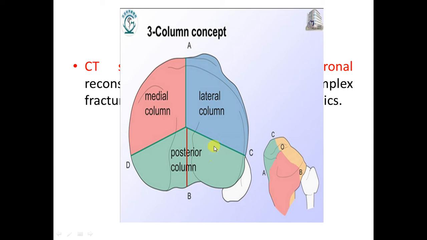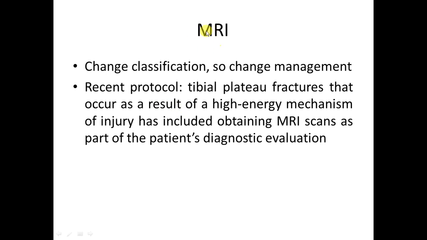From here to there, this is the posterior column, either the posteromedial part or the posterolateral part. This is the tibial tuberosity. This is the lateral column, and this is the medial column. Don't miss a posteromedial column. This is the axial view of the CT. So you need sagittal, coronal and axial CT.